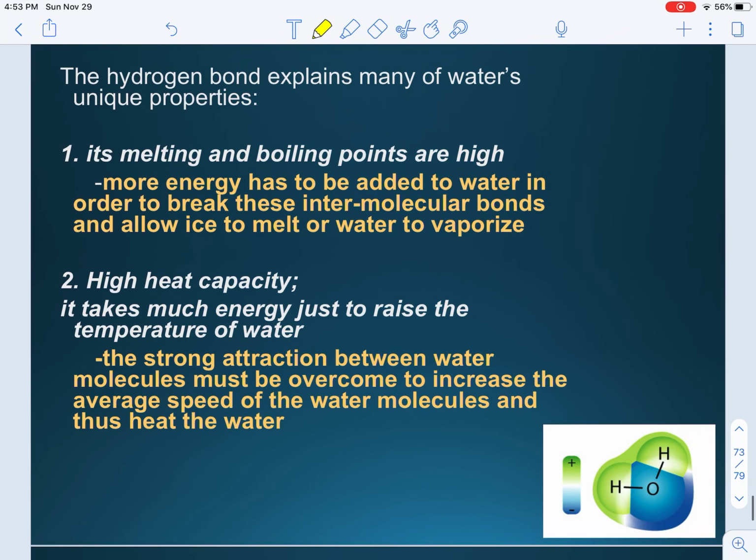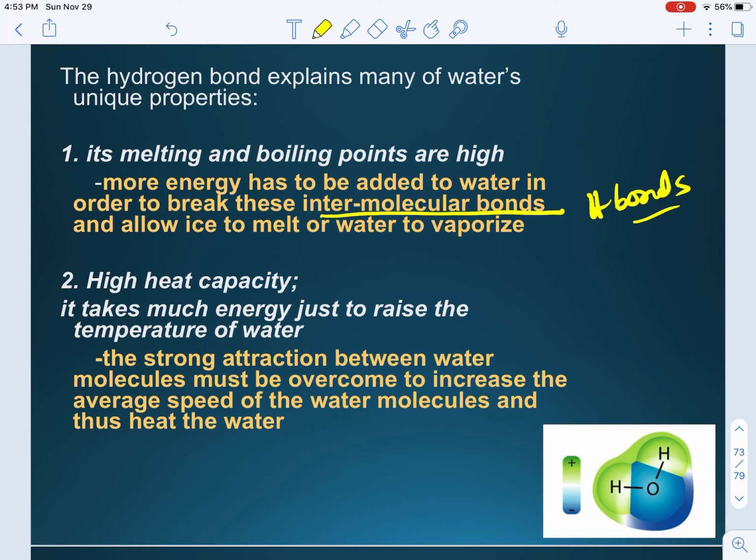Then we'll look at the melting point and boiling point. You know that it's high when you have to wait for water to boil by adding a lot of heat to that pot of water. You need to add that energy in order to break those intermolecular bonds, because the hydrogen bonds are strong, and so it takes a lot of energy to break them.